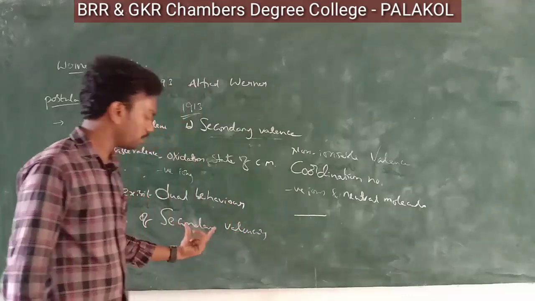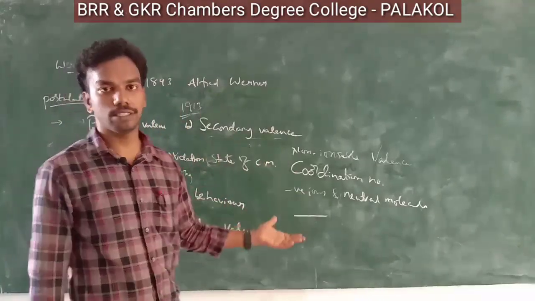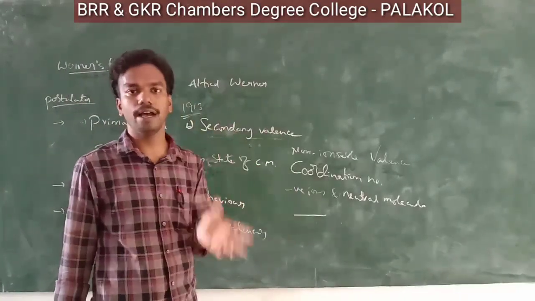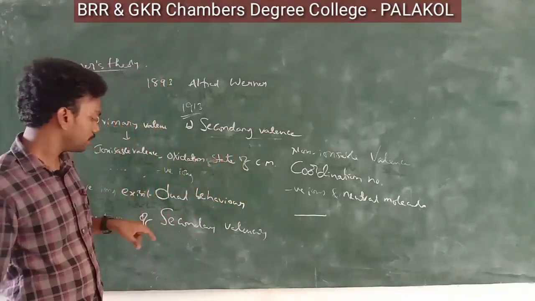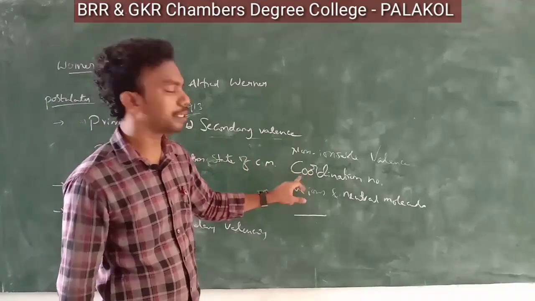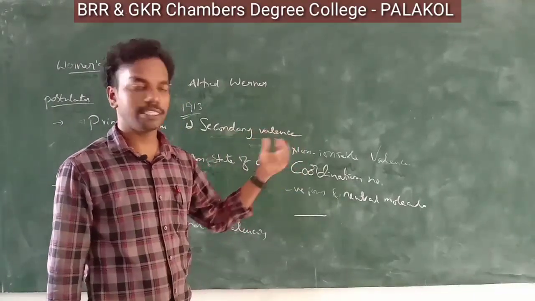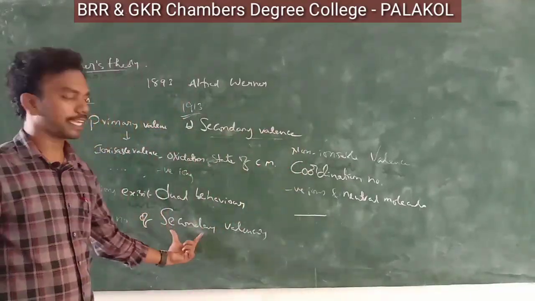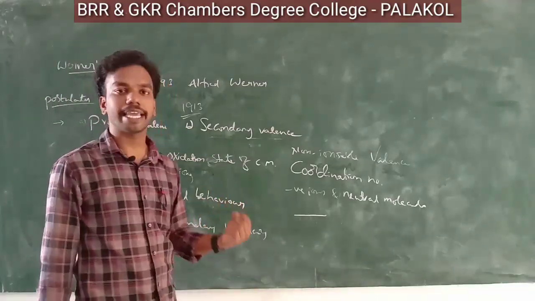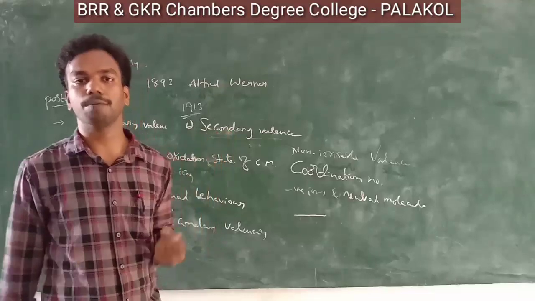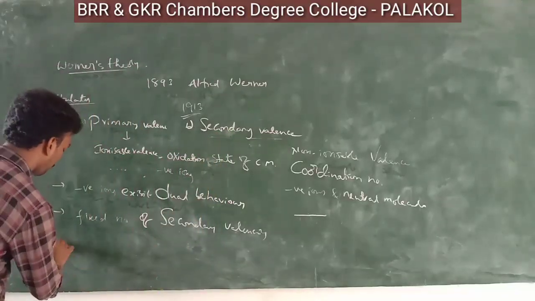If you have 6 ligands surrounded by the metal atom with coordinate bonds, then coordination number 6 is fixed. That coordination number corresponds to secondary valency. That means every metal atom has a fixed number of secondary valencies. That is postulate number 3.